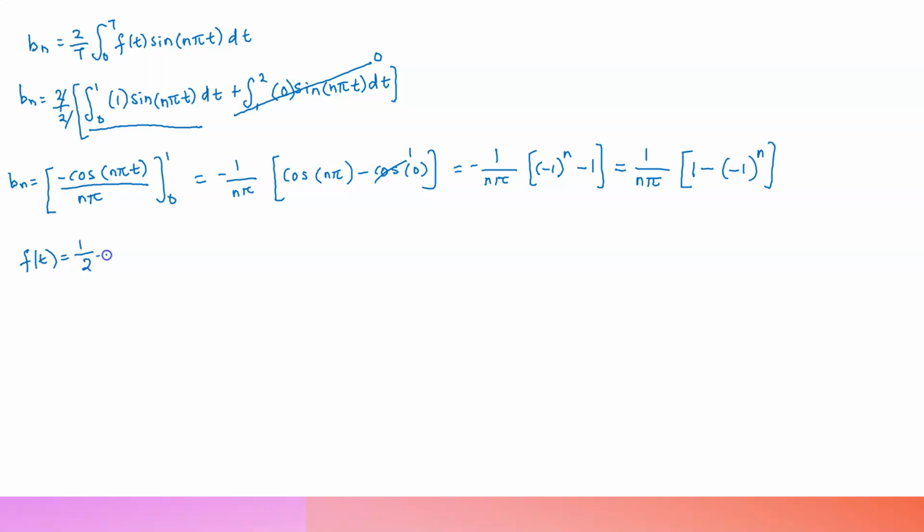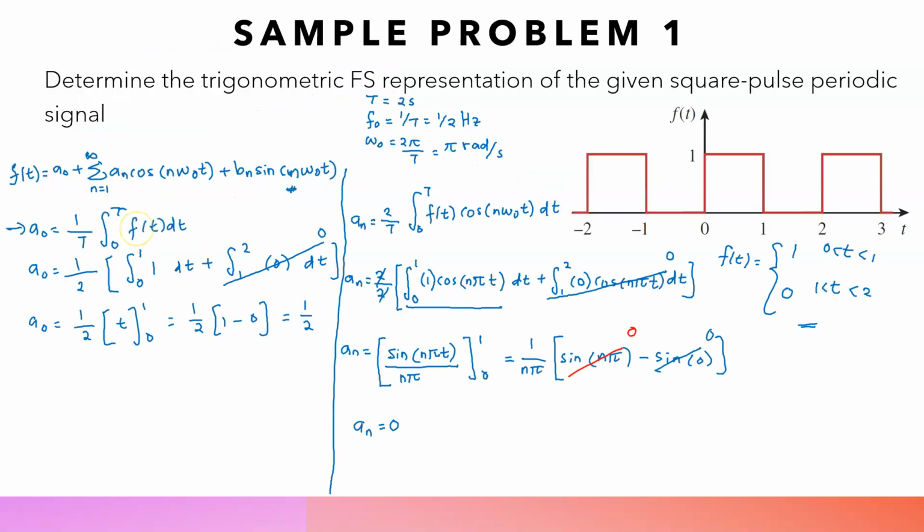A0 is half plus an is 0. Okay, an is 0, so we don't have this cosine part here. Okay, this part is 0 because an is 0. Okay, as determined here.